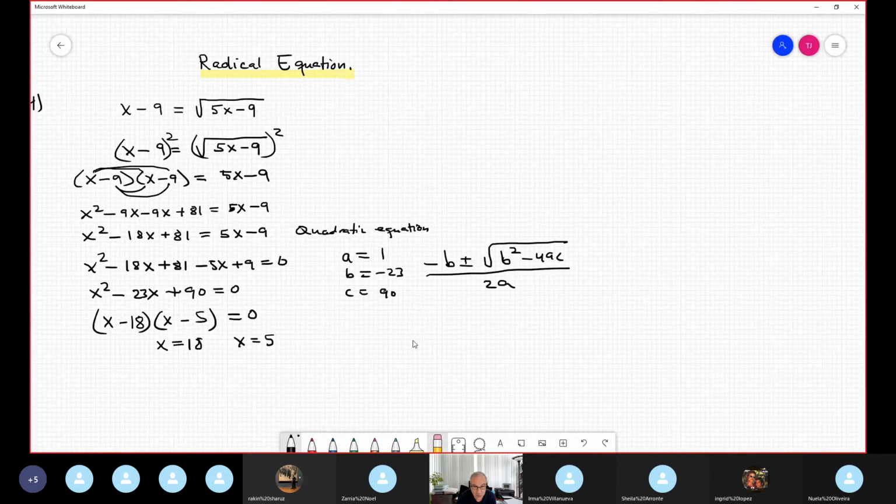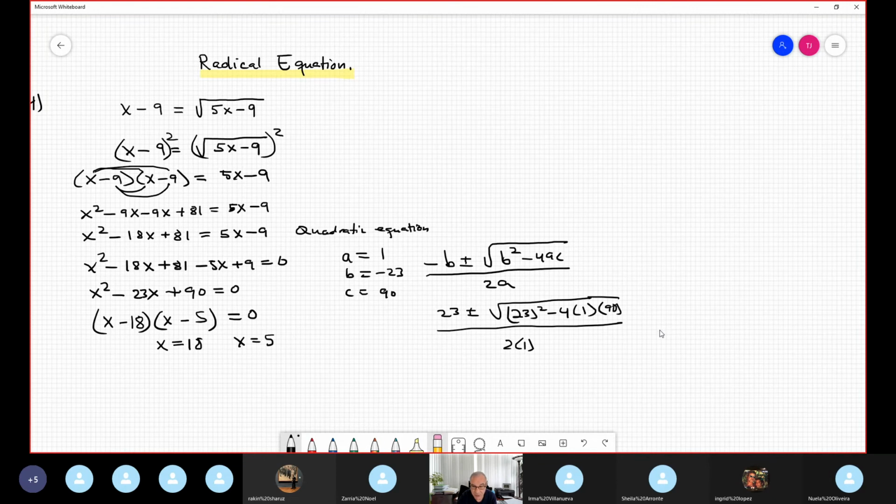Minus B is 23, so double minus, 23 positive, plus or minus square root of 23 squared minus 4 multiplication by 1, that is multiplication by 90, AC, divided by 2 times 1.